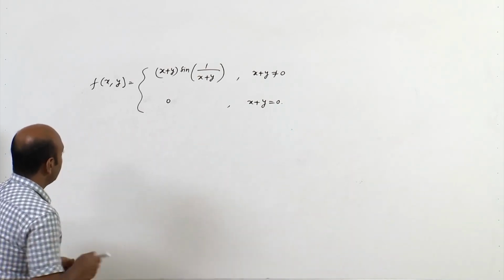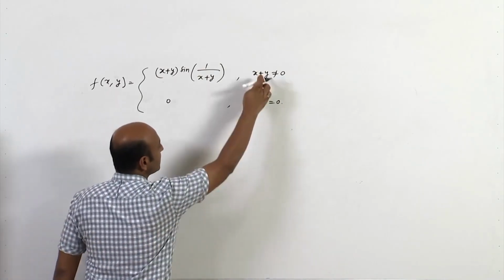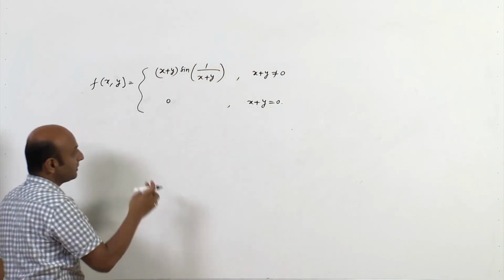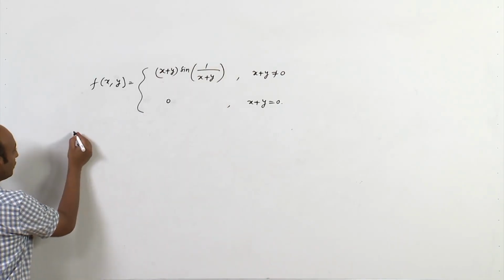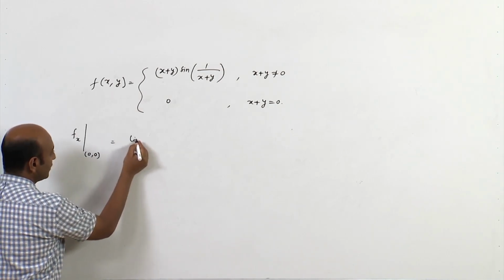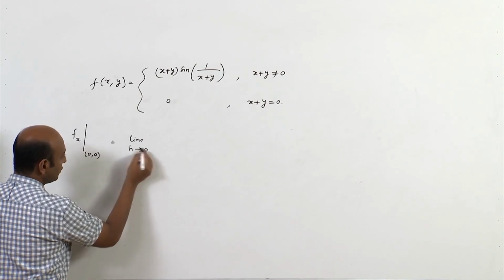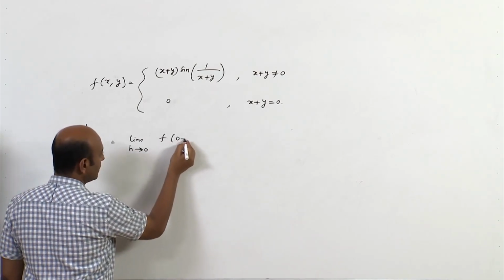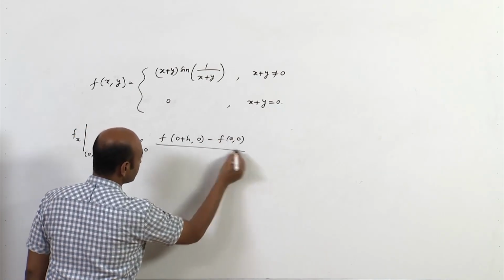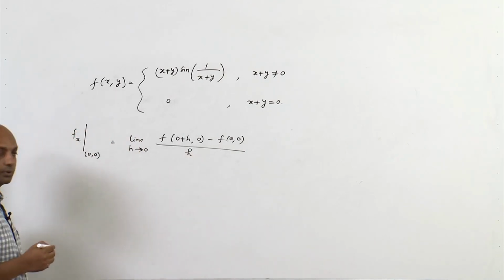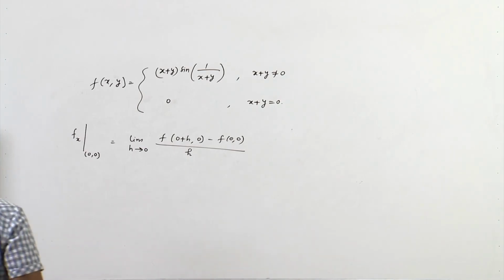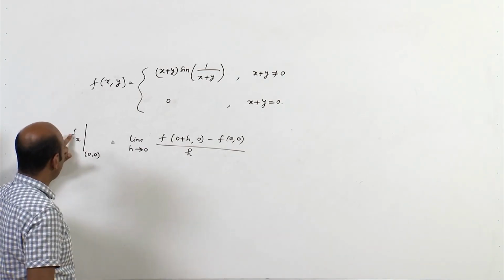So, fx at (0,0) is the limit as h tends to 0 of f(0 plus h, 0) minus f(0,0) upon h, by the definition of the partial derivative of f with respect to x.